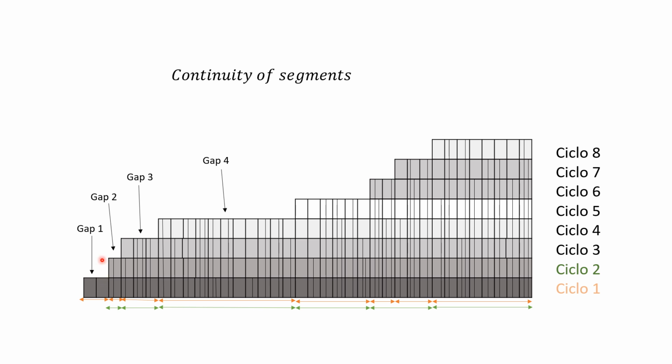So we have the gaps here for each new cycle, each new merging of the main cycle. And let's suppose that in the first gap there are no empty boxes. There is one here, but let's suppose there is none.